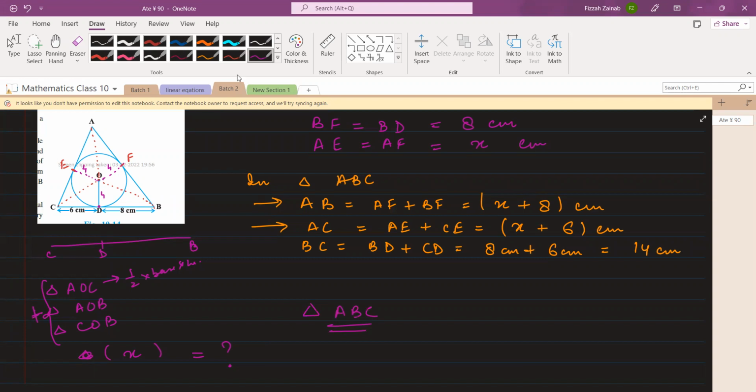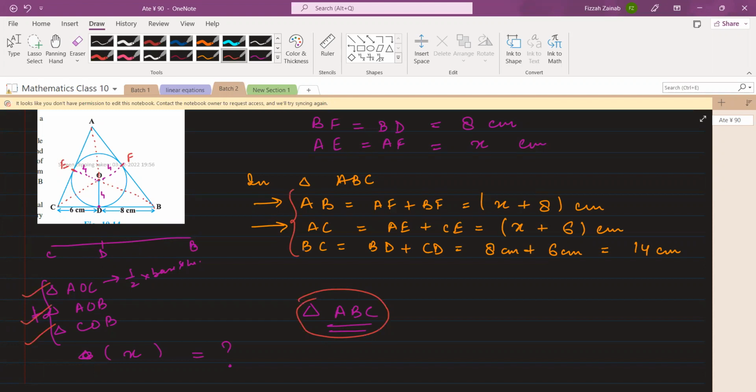Okay, one by one, we are going to find all these things. First of all, I will find the area of the complete triangle ABC. Then I'll find this area, then this area, and then this area. Is that okay? Yes. Okay, then I'll combine them together. Now, because I know only the 3 sides, I can use Heron's formula for triangle ABC.